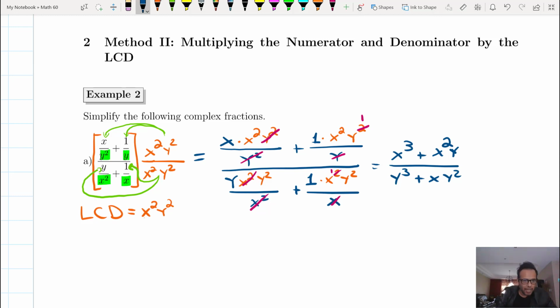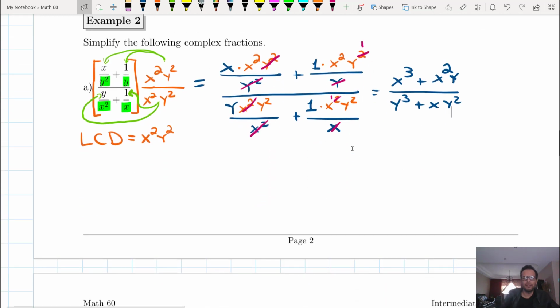So what did we do now? We turned a huge, ugly looking complex fraction into a simpler fraction by multiplying numerator and denominator by a global LCD. And at this point, let's see if we can simplify this a bit further. Let's scroll this down.